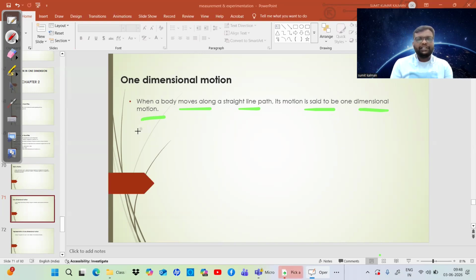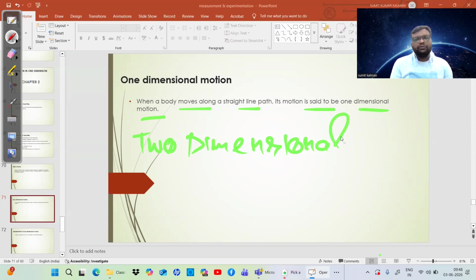Second is two-dimensional motion. What is this? Here we will see.